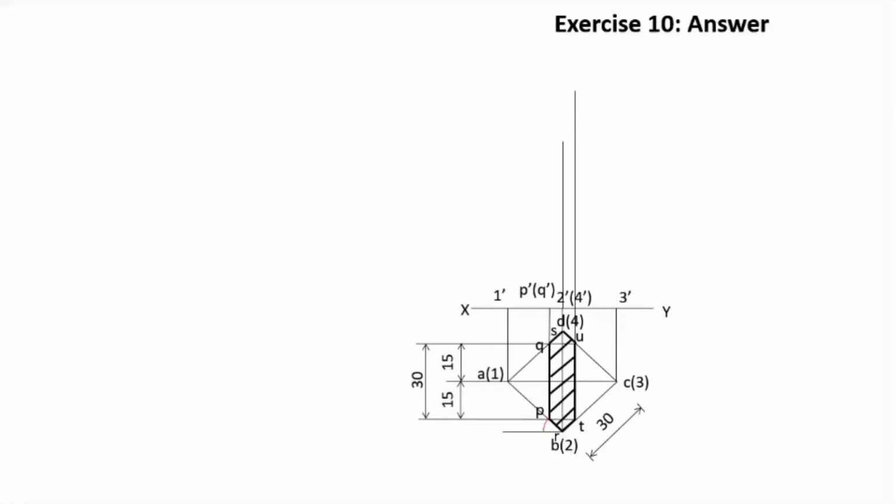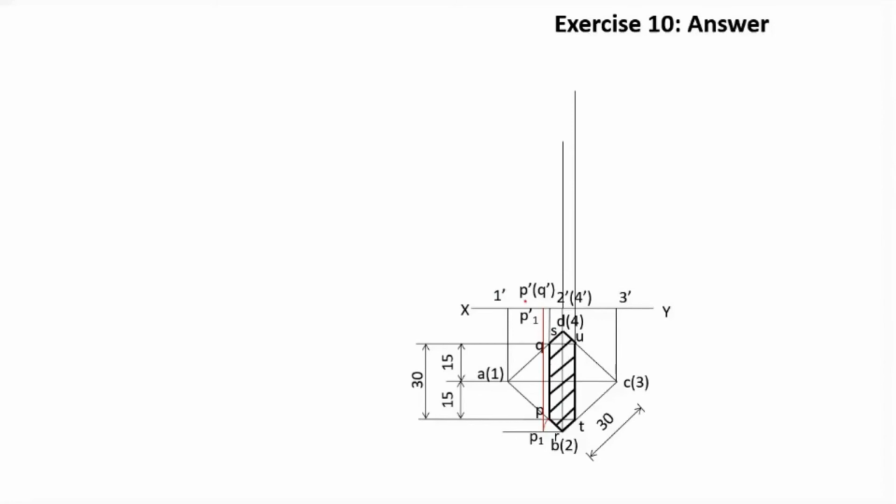So in the front view, we try to make that 40 millimeter. So PR is drawn, and this new point is P1, and from P1 we find out P1 dash. Now we know that P1 dash R dash should have a length of 40 millimeter, and R dash will be lying in this vertical line.